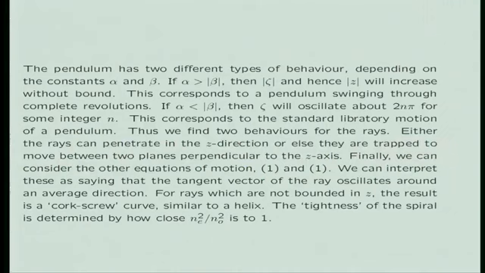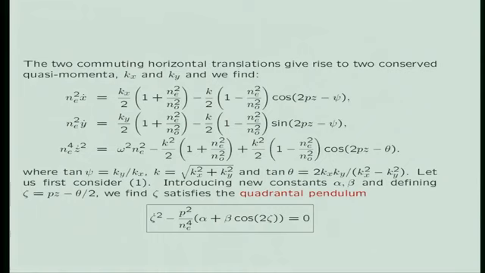Now, this has two different types of dependence, as you would expect. So here are alpha and beta coming in, and basically you see this potential term has got a constant height and then a modulation by beta. Very straightforward. And of course what happens to the rays depends on these constants.